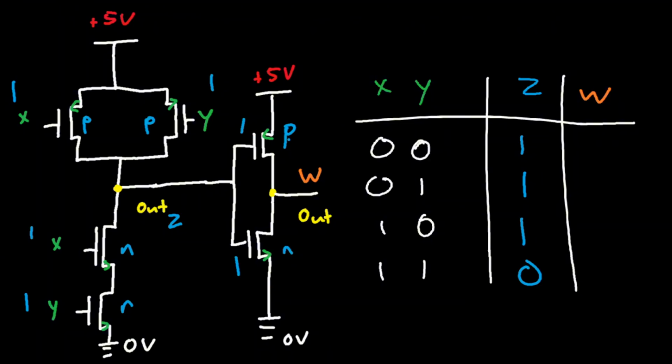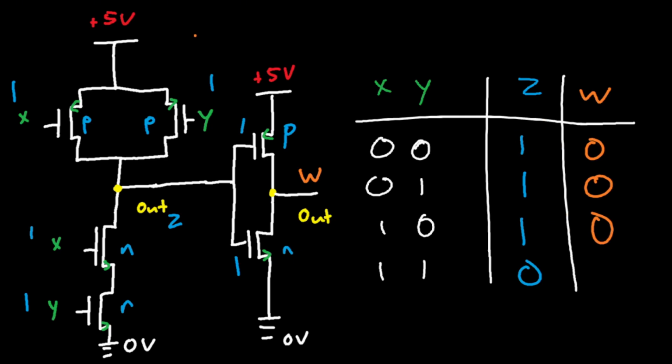When you have 1 for a P-type gate, P-type gates are open. Since it's open, no voltage and no current can reach this node right here. Therefore, this node has a voltage of 0 volts. And remember, 0 volts as an output is treated as a logic of 0. And that's the same for all the other cases of 1 as well.